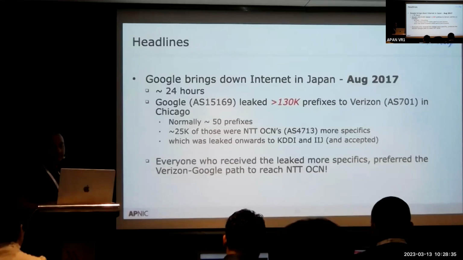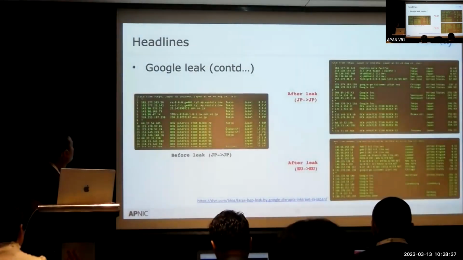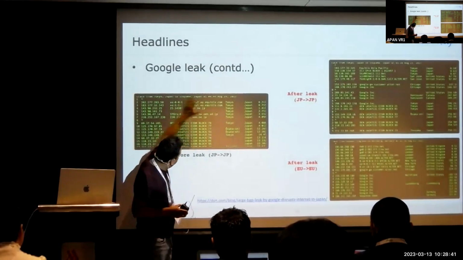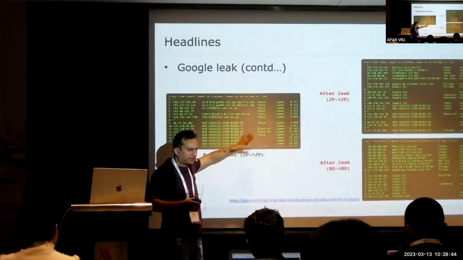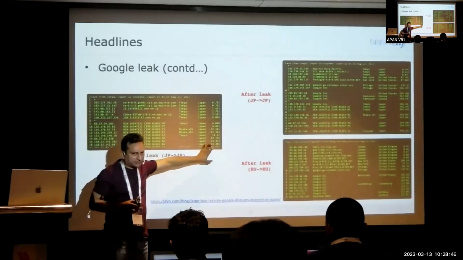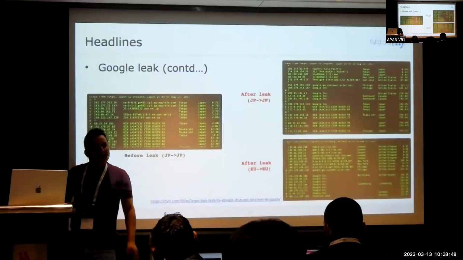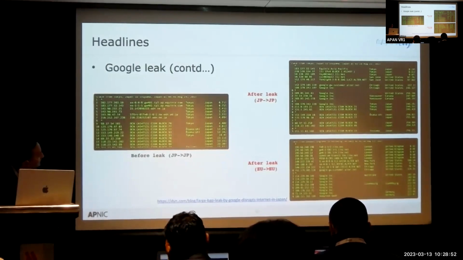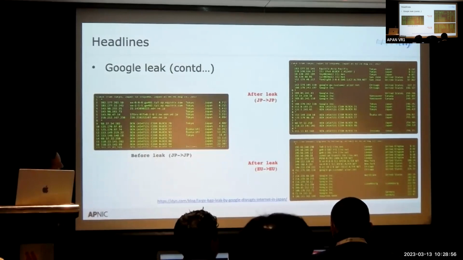Before the leak, the path from Tokyo to Osaka, from source to destination, was within Japan, and the time was 22 milliseconds. That's a normal time. But once the leak happened, traffic was going from Tokyo to San Jose in the US, and again returning back to the same destination across the region.